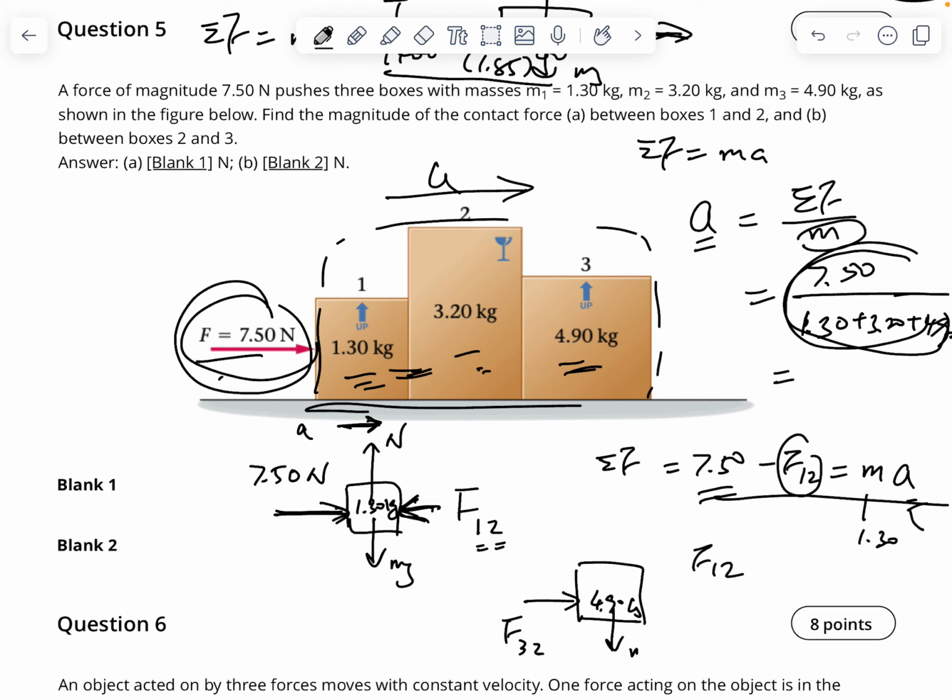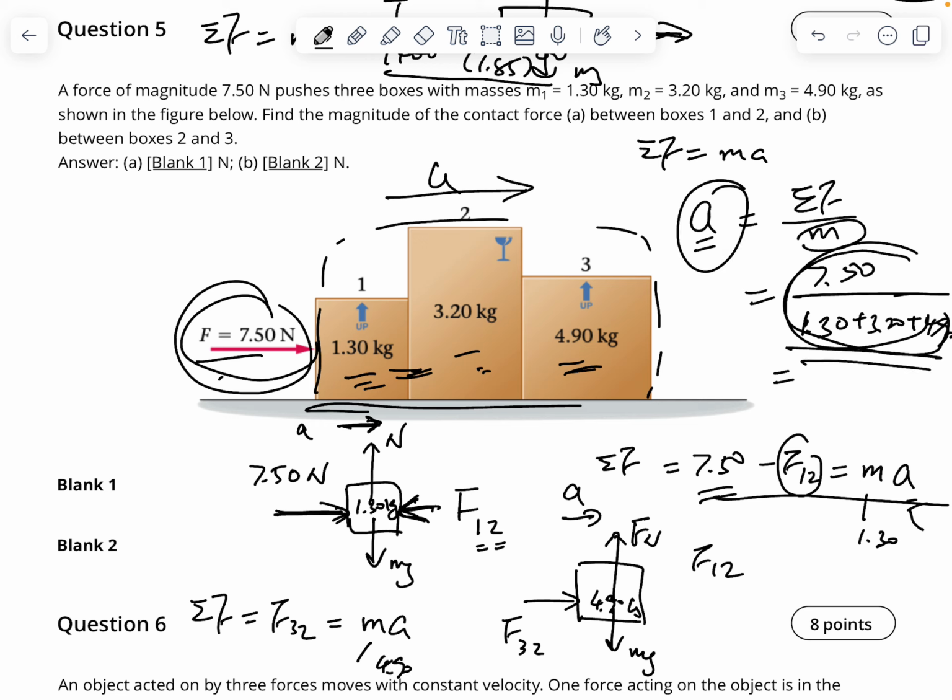Also you have mg and you have the normal force. This object moves with a, so net force equal to F32 equal to ma, right? M here is 4.90, and a is the same a, so whatever you calculate for a, plug in. That's the force between 2 and 3.